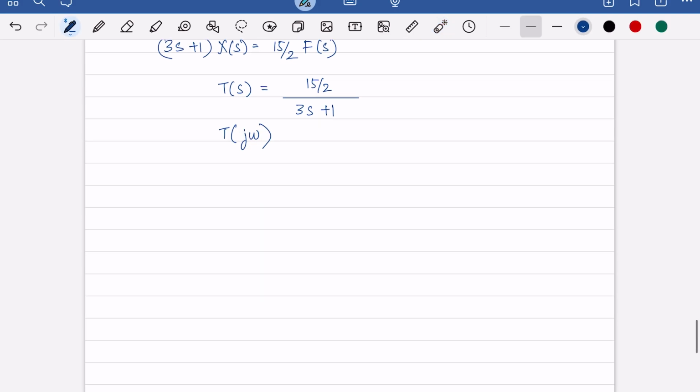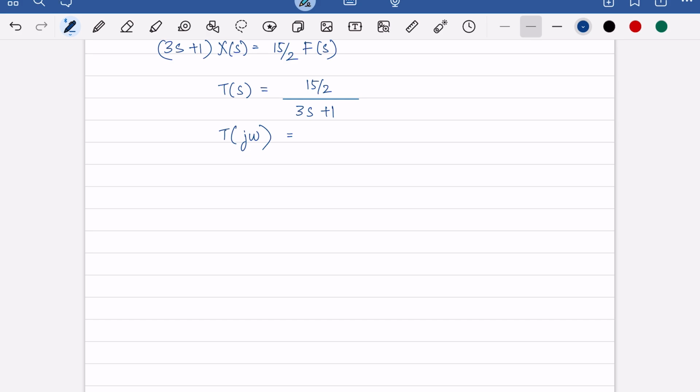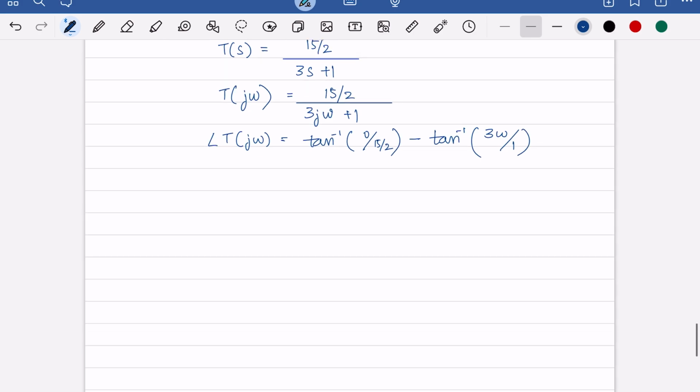For now, we'll keep it as j omega and substitute later for this illustrative example. So in this case, it would be 15 over 2 divided by 3j omega plus 1. The phase angle associated with this is tan inverse of the numerator's complex number, where 0 is the imaginary part and 15 by 2 is the real part, minus tan inverse of the imaginary part, which is 3 omega, divided by 1, which is the real part.